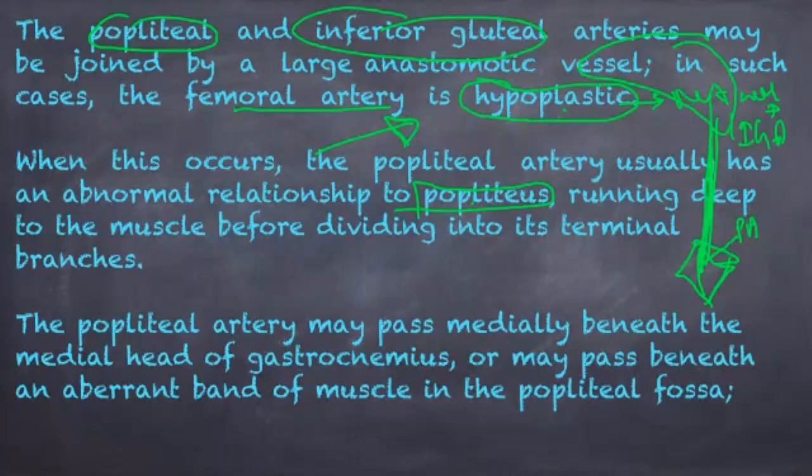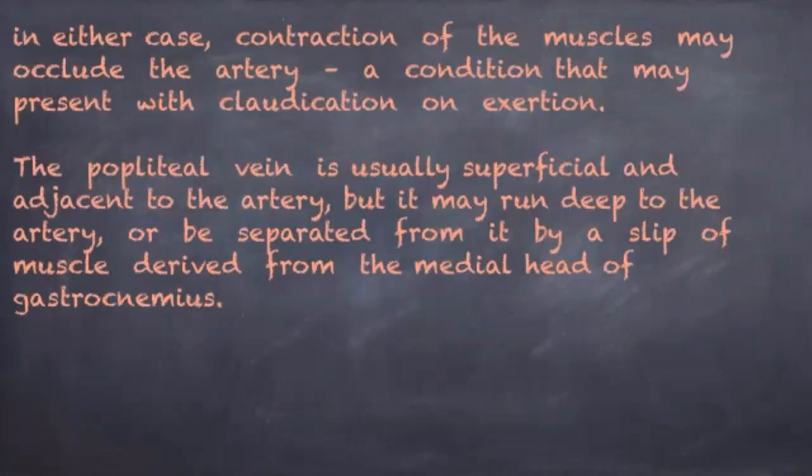The popliteal artery may pass medially beneath the medial head of the gastrocnemius, or may pass beneath an aberrant band of muscle in the popliteal fossa. In either case, the contraction of the muscles may occlude the artery.